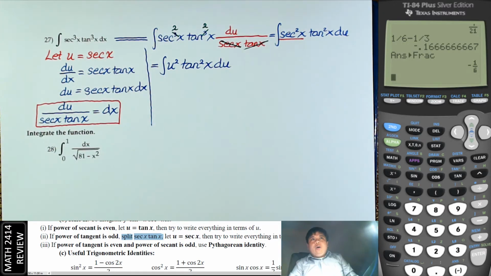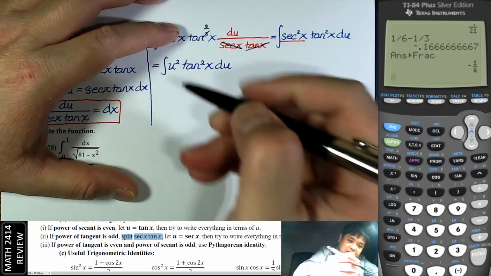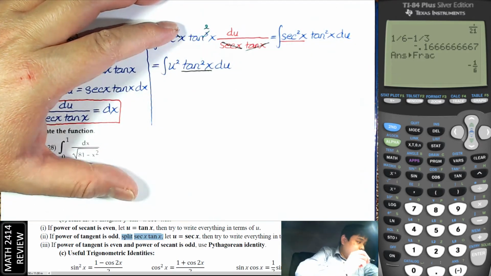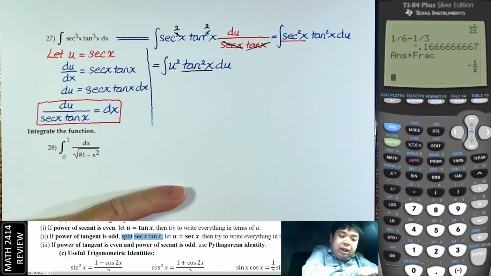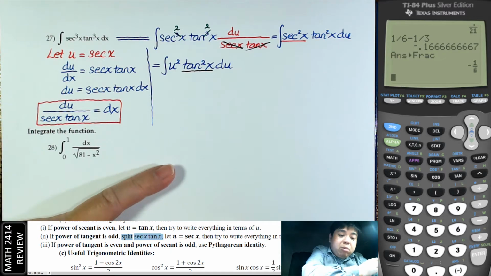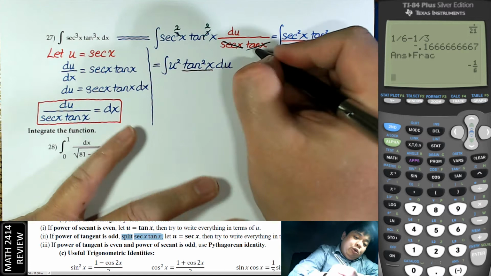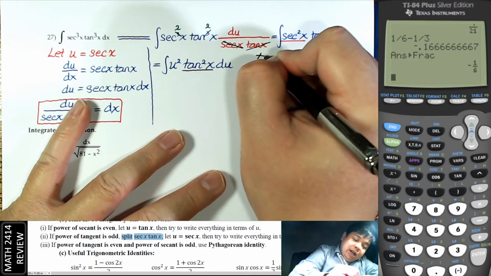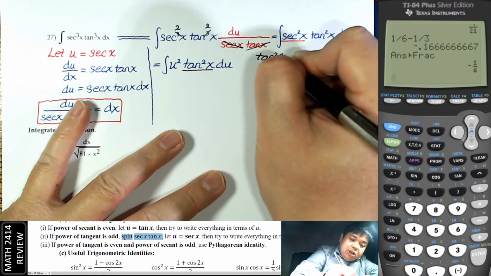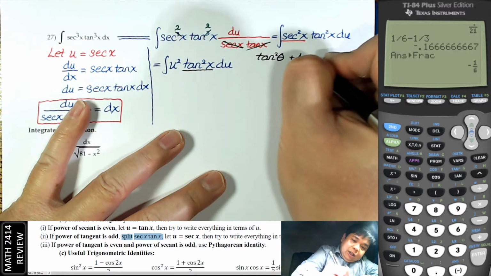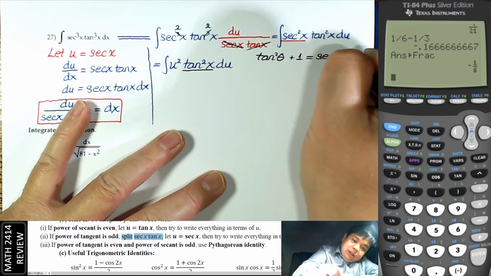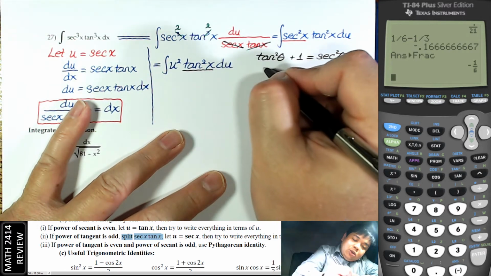Now that's good to know, but we still have the tangent here. I mean, tangent is not a problem. The problem is we have x here. If everything is in terms of u, that would be good. So we use the identity: tangent square plus 1 is secant square. So tangent square is secant square minus 1.